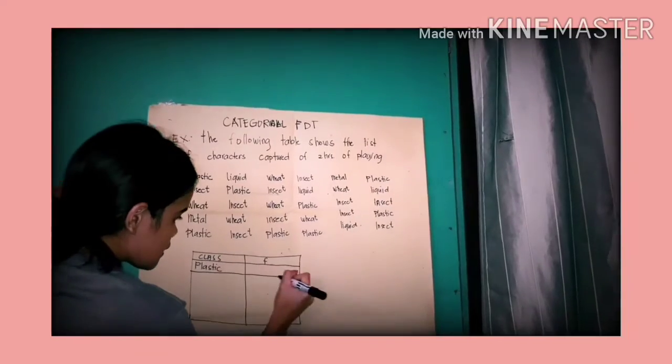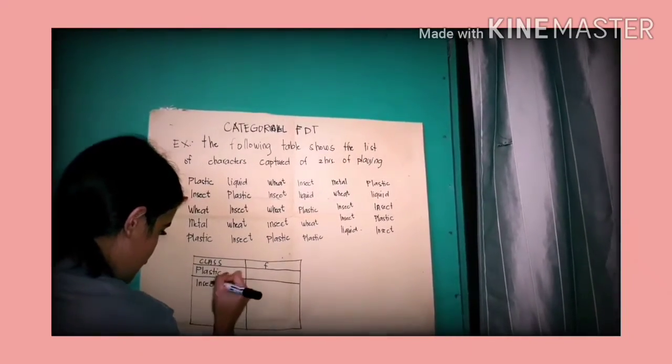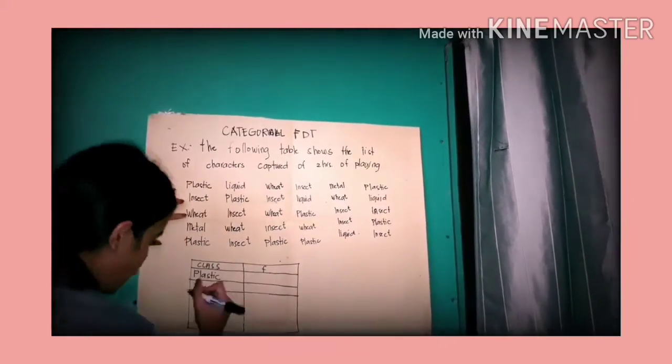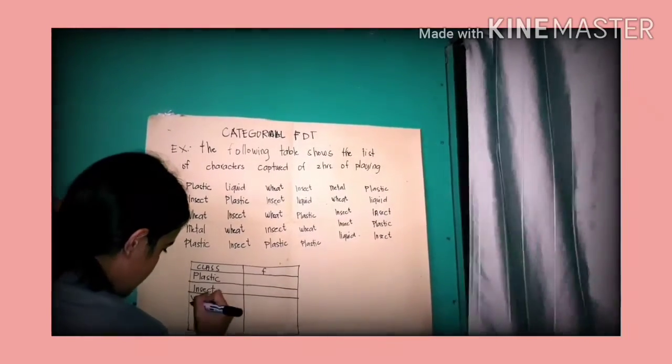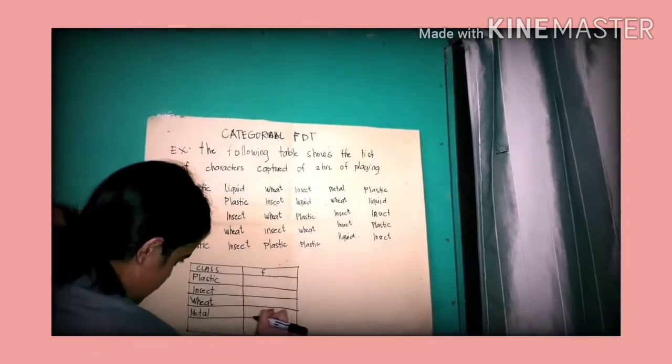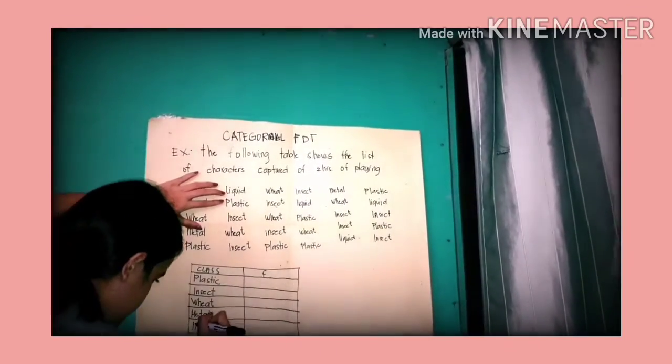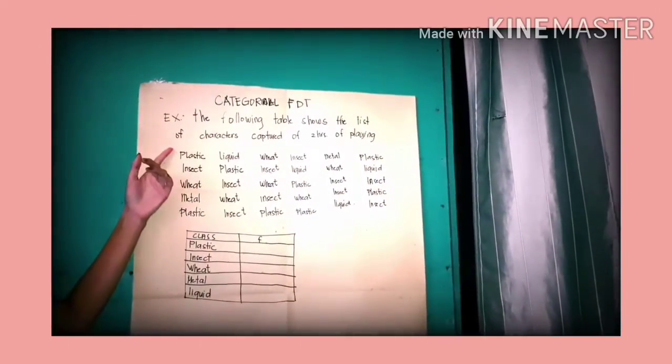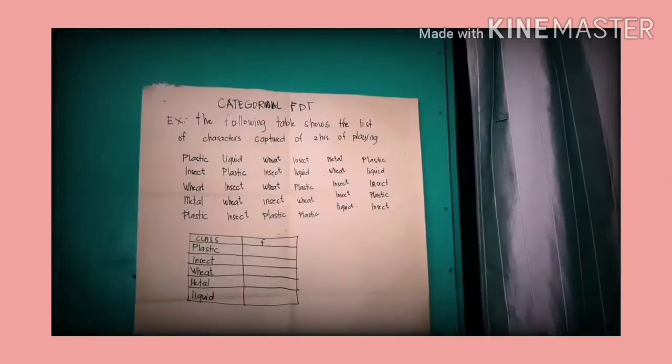Second, insect. Thirdly, wet. Fourthly, metal. And lastly, liquid. So to get the frequency, we're going to tally how much is the plastic, the insect, the wet, the metal, and liquid. So we're going to count it.